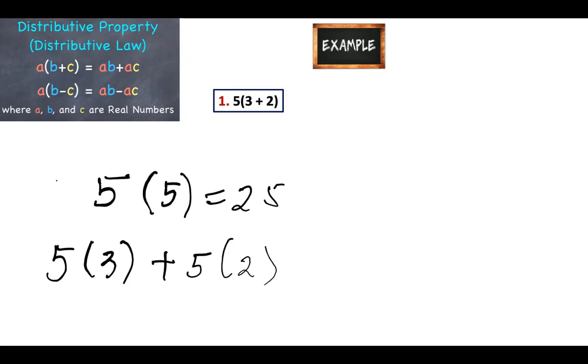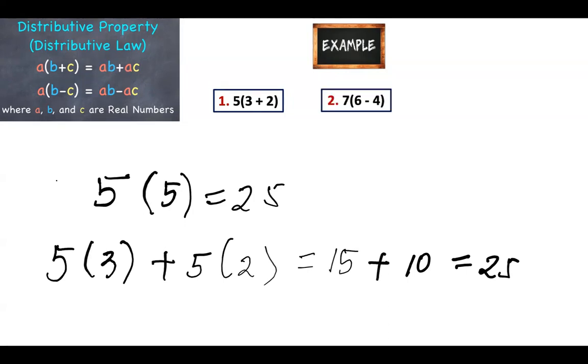Multiply that over the addition of 3 plus 2, which is actually 15 plus 10, and it's also equal to 25. So that one is easy when you are dealing with numbers. But of course, many times we will be dealing with letters. So it's important that we understand that A times (B plus C) is the same as AB plus AC.